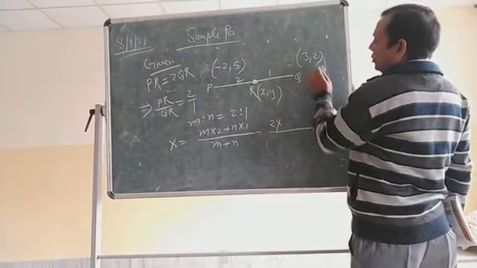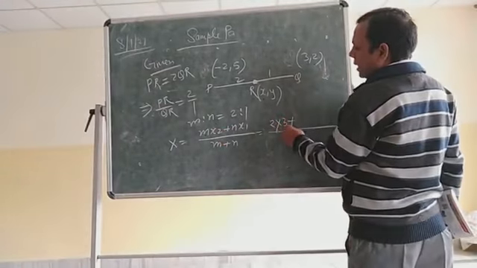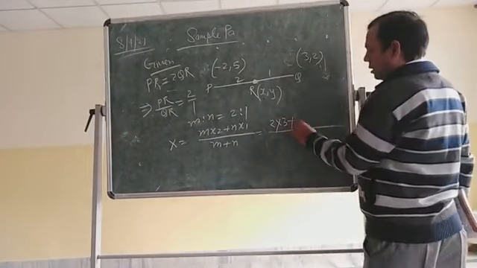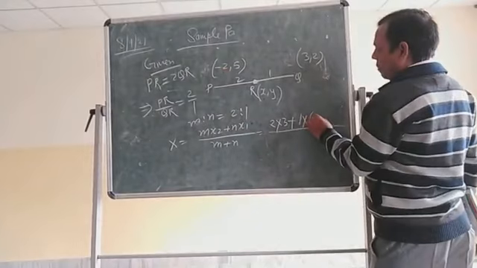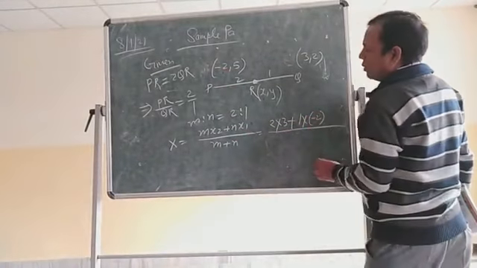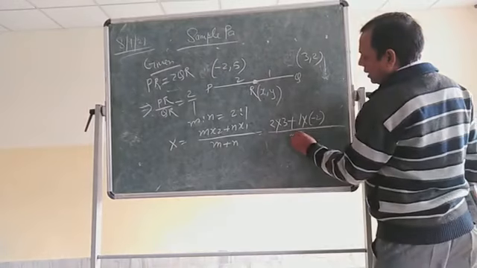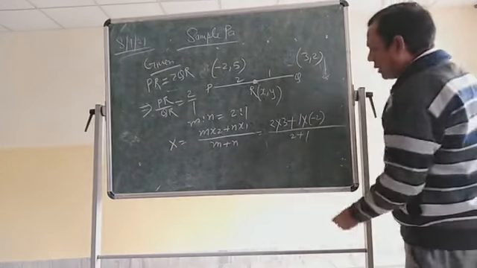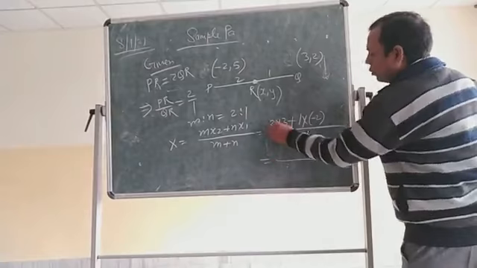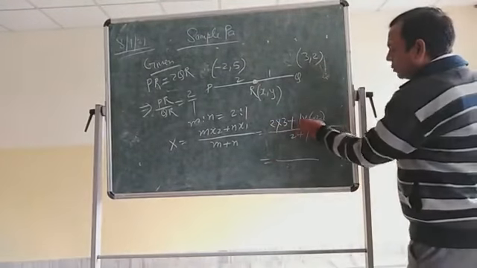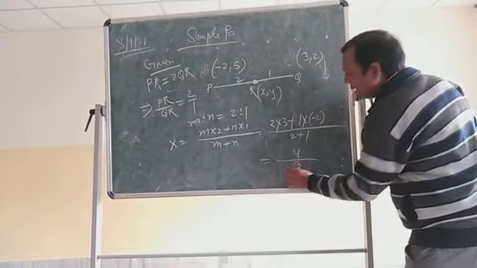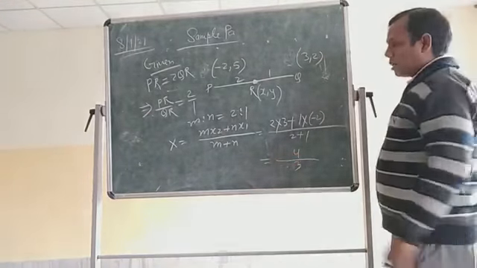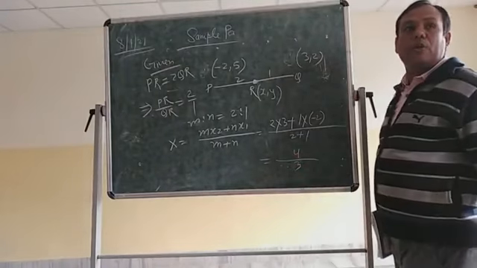This is x2, 3, plus n is what? n is 1, and what is x1? x1 is minus 2, and m plus n is what? 2 plus 1. So what will be the value? It will be 2 3s are 6, 6 minus 2 equal to 4. So you are getting 4 by 3. Clear? Now similarly we will try to find the value of y.